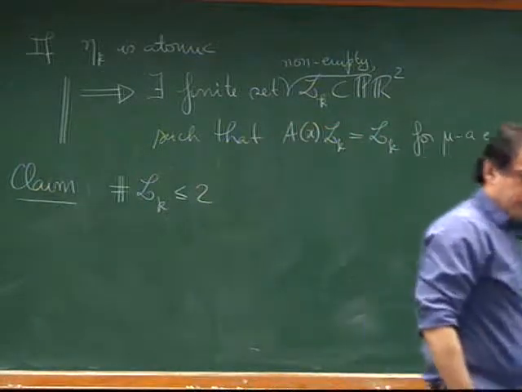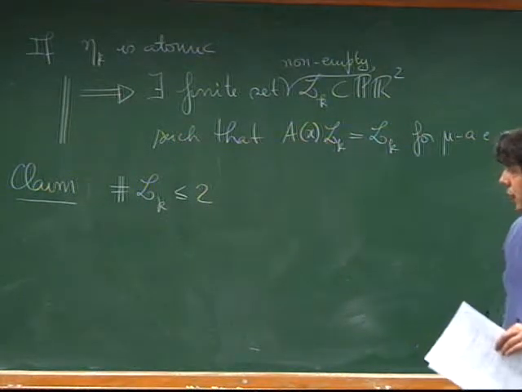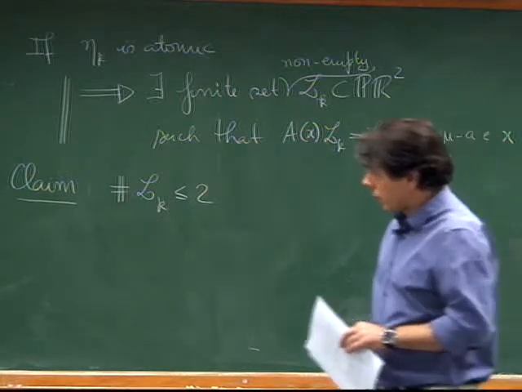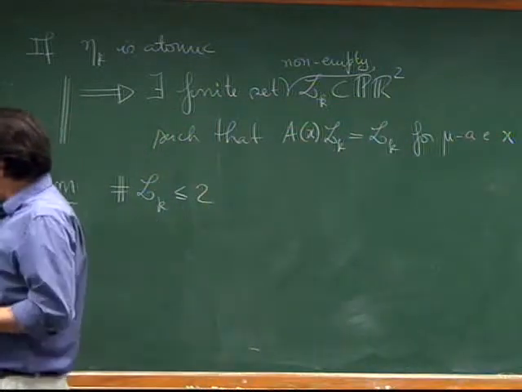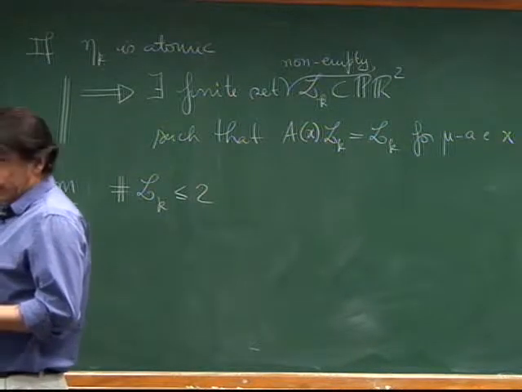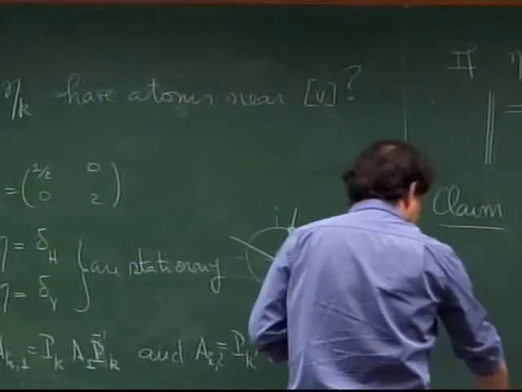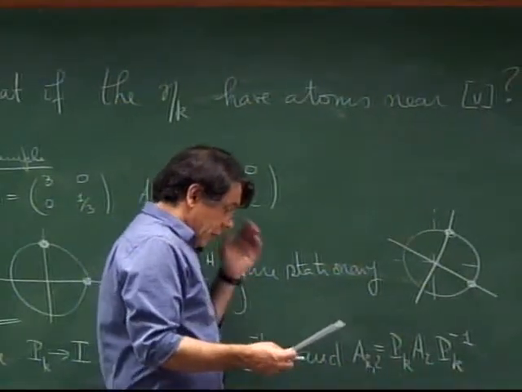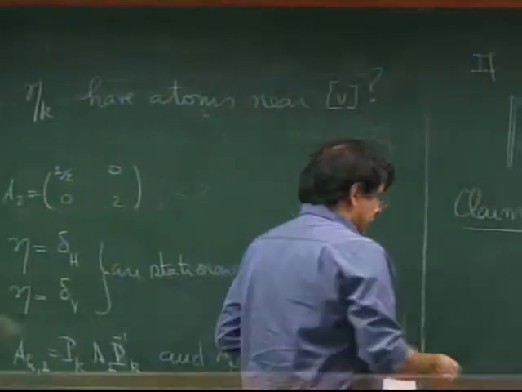So I claim that in this case, in low dimension, Lk has at most 2 elements. So either there's an element that is fixed, or there are 2 that may sometimes get twisted, may sometimes be exchanged. Now the proof of the claim is simple.